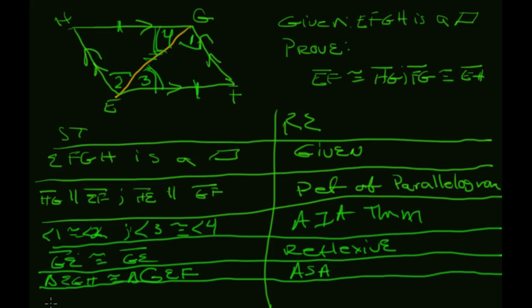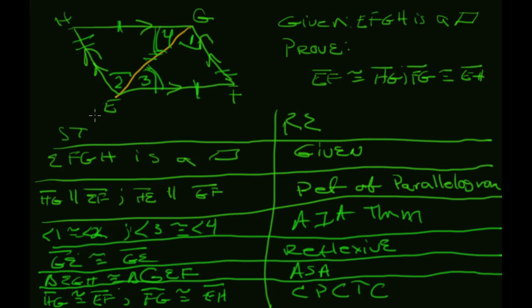HG has to be congruent to EF, and HE has to be congruent to GF. So FG has to be congruent to EH, I think is the way we originally said it, and that's because the corresponding parts of congruent triangles are congruent, CPCTC. So we've now established that the opposite sides of a parallelogram have to be congruent.